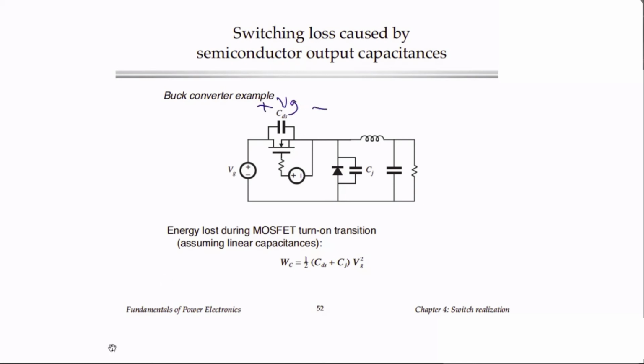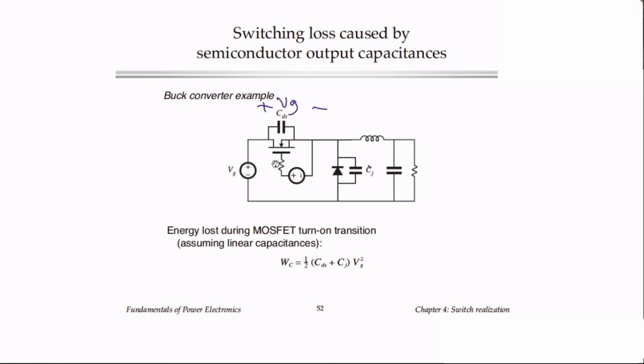There's no voltage across the diode junction capacitance, but as far as AC signals are concerned, the junction capacitance is effectively in parallel with CDS, and the two add together. When we turn the MOSFET on, we short out these capacitances, and any energy stored in them gets dumped into the channel of the MOSFET during the turn-on transition.